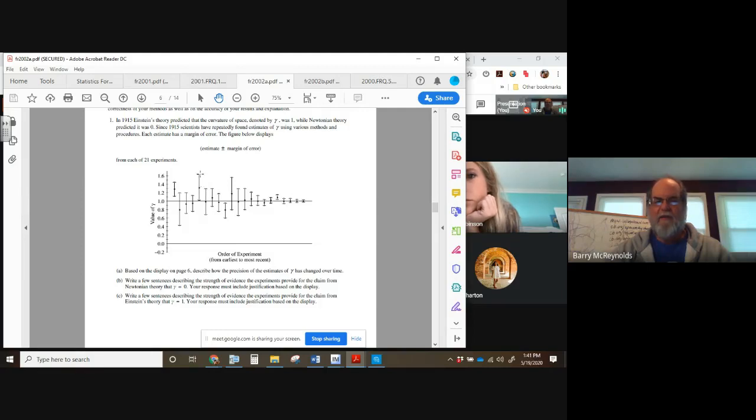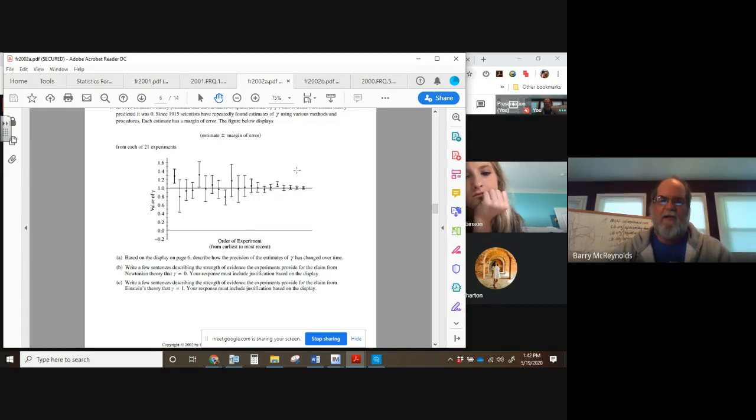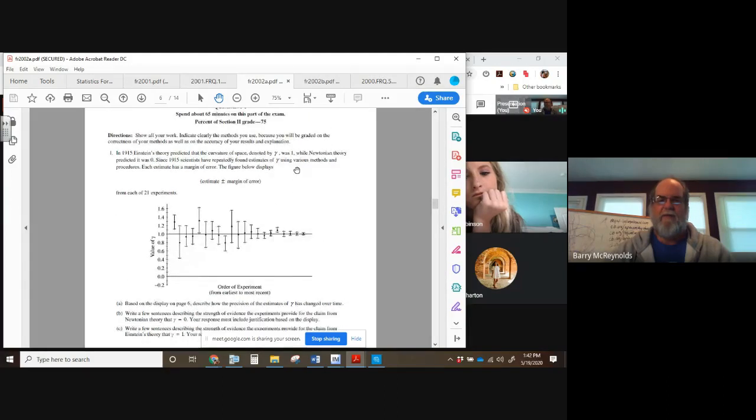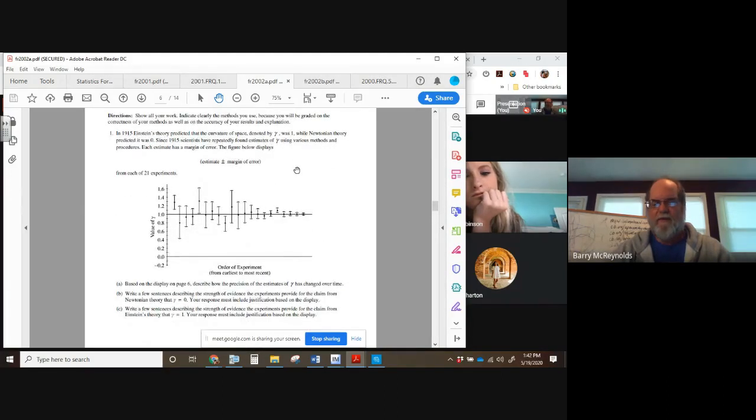Because there's variation in everything, they calculated this confidence interval, and the margin of error is listed by the brackets on the top and bottom. So the question is about interpreting what these confidence intervals mean. Again, I thought it was a good combination of interpreting graphical data as well as understanding what a confidence interval is. I'll let you think about that one, and then we'll talk about it first thing tomorrow.